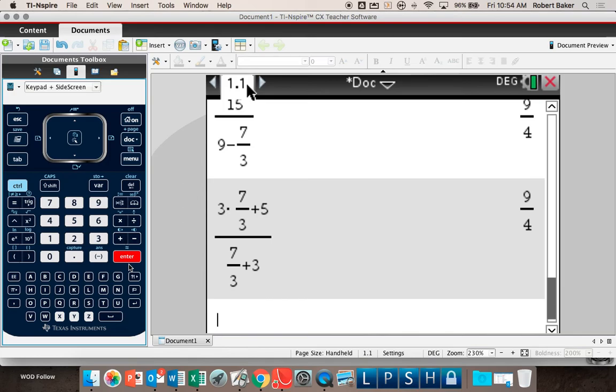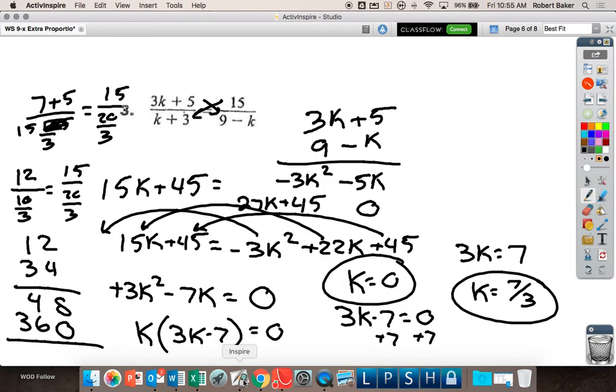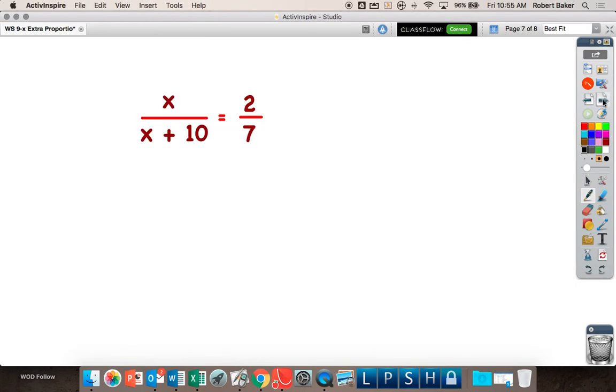So the calculator could offer more or less complexity. The other one I want to look at, I'm going to do with you guys, is number 4. What I want you guys to get to is the factoring part. I'll give you a few minutes. Oh, we're out of time.